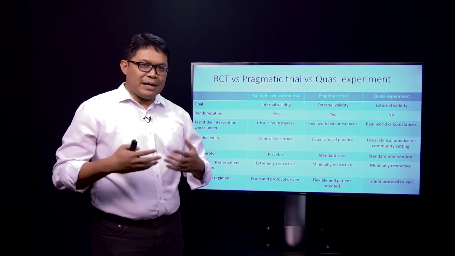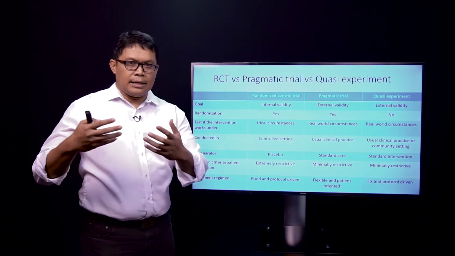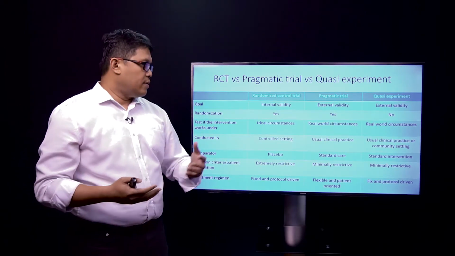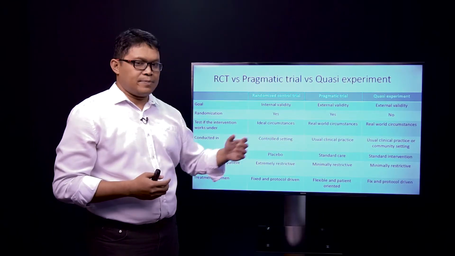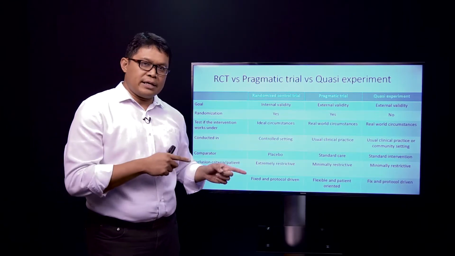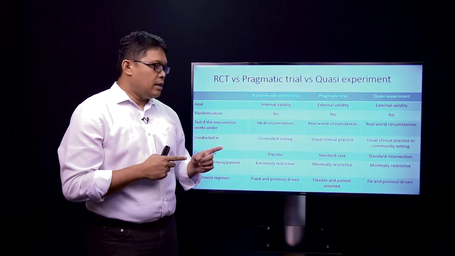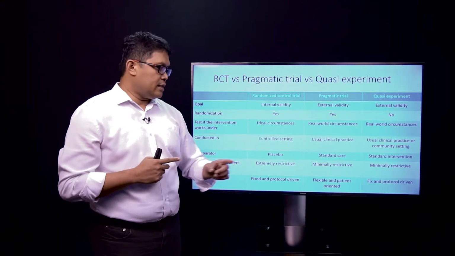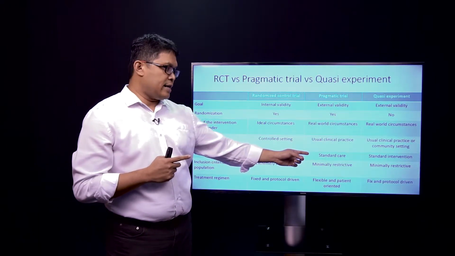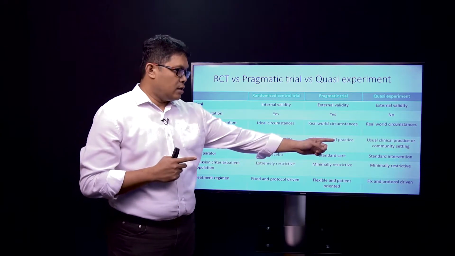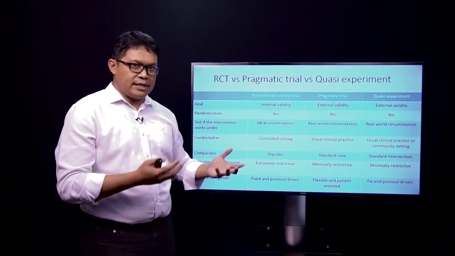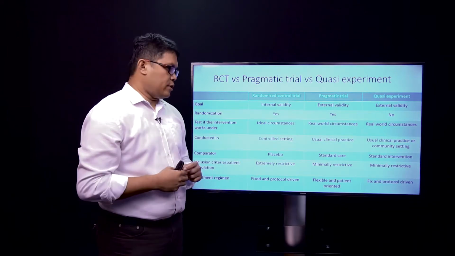But because placebo is not used in everyday practice, for pragmatic trial and quasi-experiment, we don't compare the intervention with placebo, but we compare the intervention with the existing standard care in those clinical settings or standard intervention which exists in a program, for example.